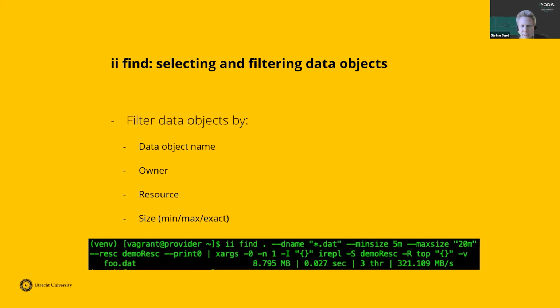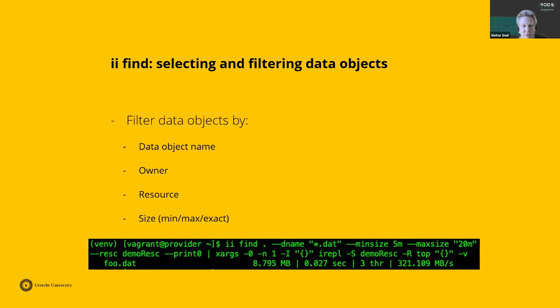It can currently select data objects by their name, owner, resource, or size. And the screenshot below shows an example where you would select .dot files between 5 and 20 megabytes on resource demoResc, and then you would use xargs to tell irepl to replicate those data objects to another resource.